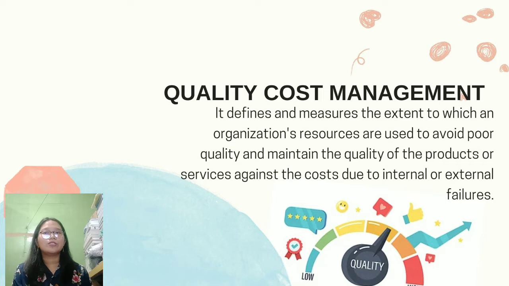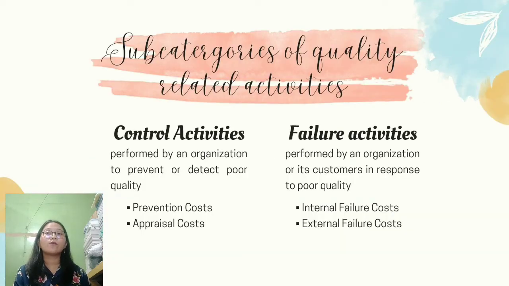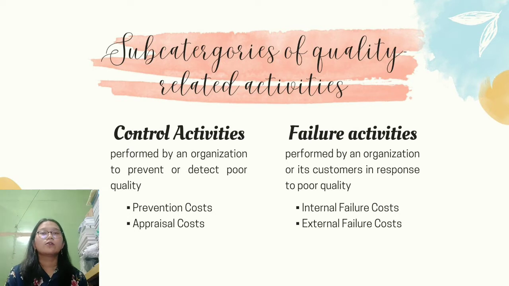Quality cost management is a method that allows an organization to determine the cost associated with producing and maintaining quality products. There are two subcategories of quality-related activities: control and failure activities. Control activities are performed by an organization to prevent or detect poor quality, because poor quality may exist. Under control activities, we have prevention costs and appraisal costs, which will be discussed afterwards.